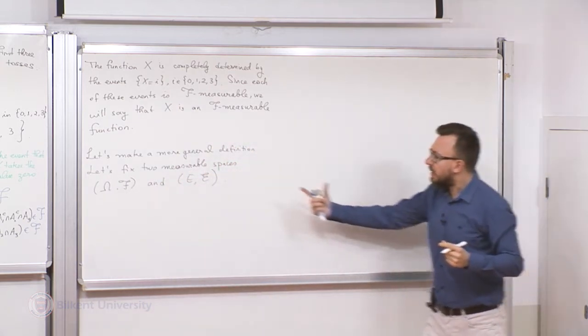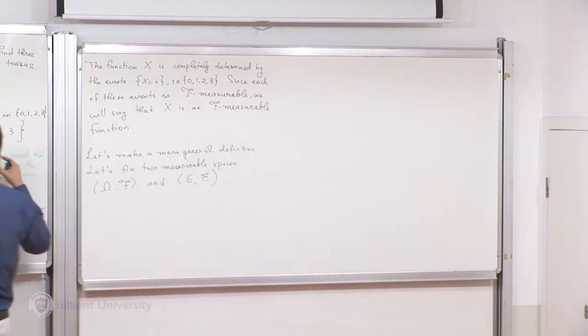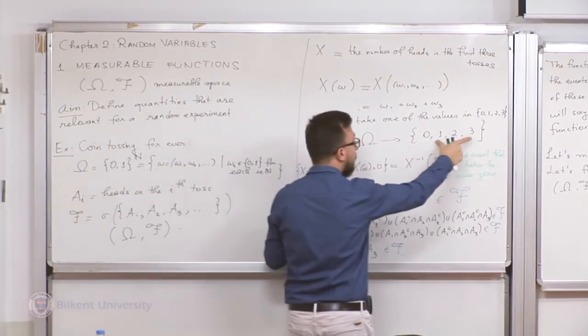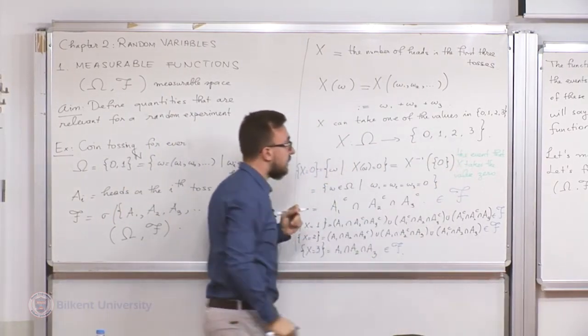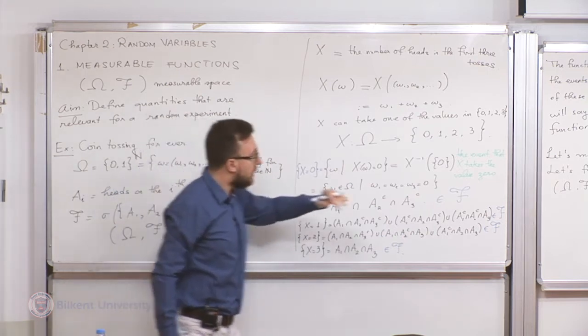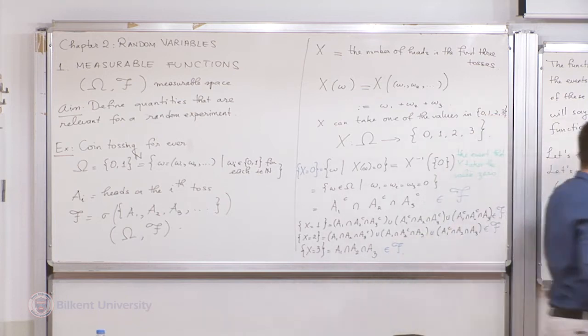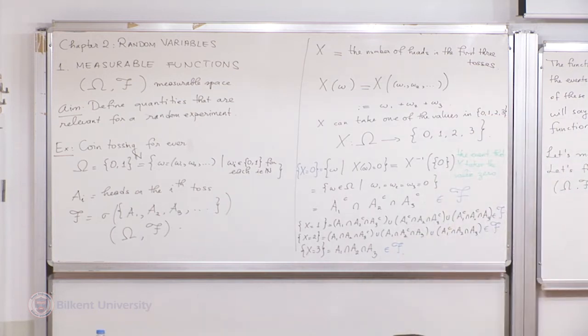So (E, script E) is the state space. So E will be {0, 1, 2, 3}, for instance. Okay? And script E will be, for instance, the power set of this set. Okay? So this is the sample space. This is the image space. Okay? So we're going to define a function from Omega to E.